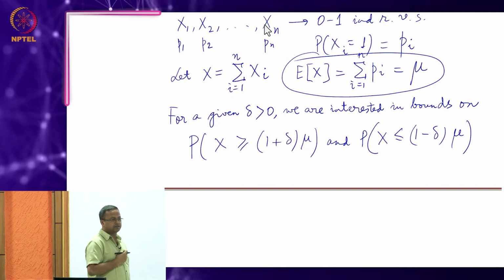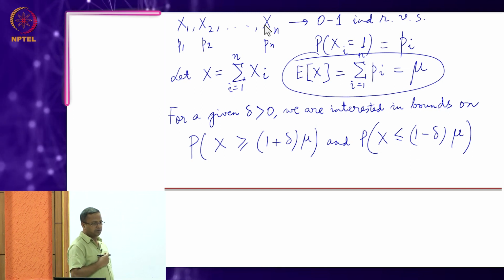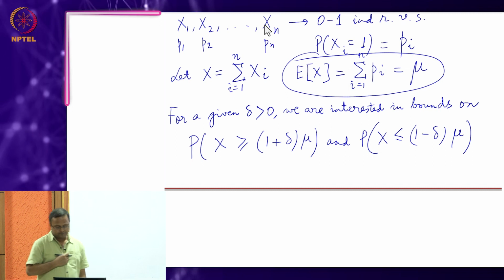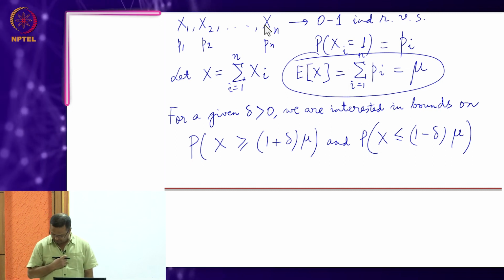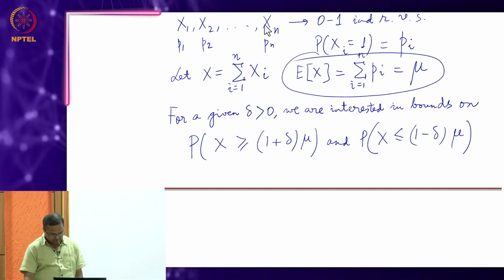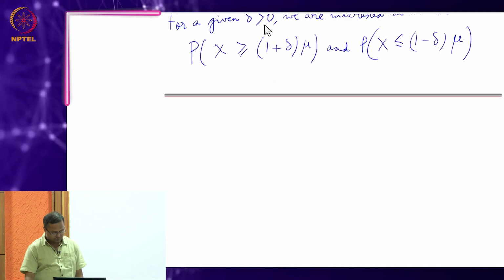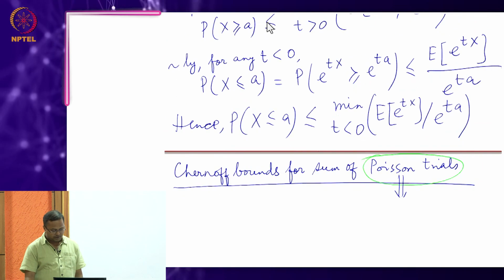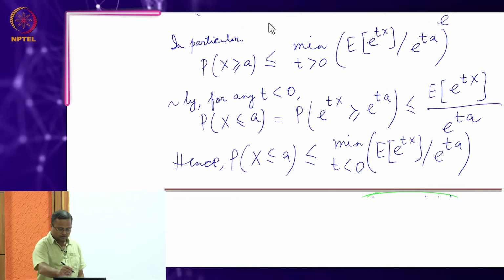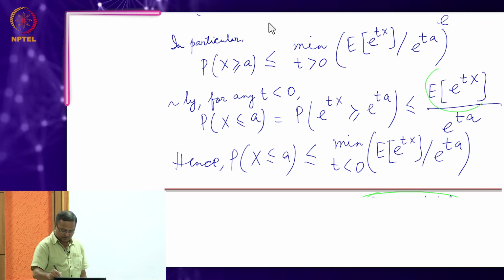So, where x is a sum of independent Poisson trials. Right. Okay. So, mind you, to apply Chernoff bounds, what I need is this thing.